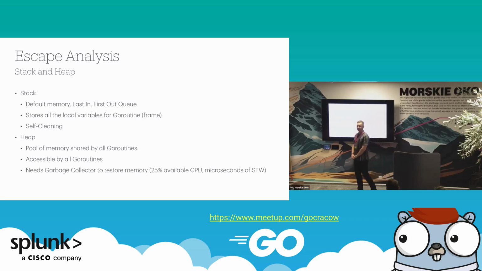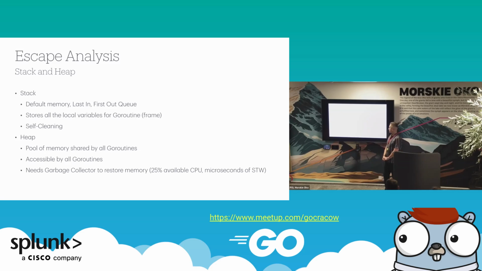This is important for this presentation. However, the heap is the pool of memory shared by all Go routines. So all Go routines can ask the heap for data, but it needs a garbage collector for cleaning.